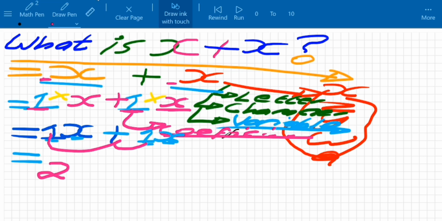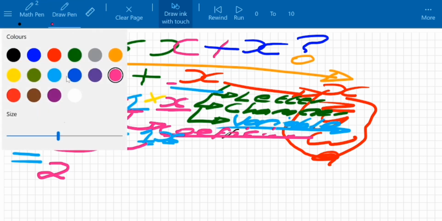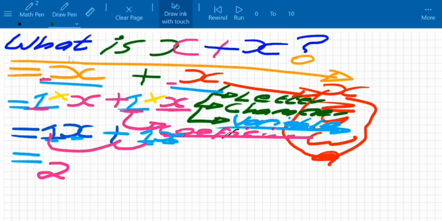But the variable doesn't change. It remains the same. So here 2x is our answer.